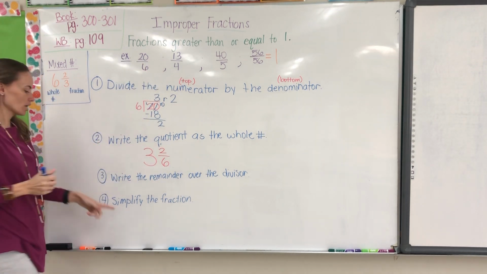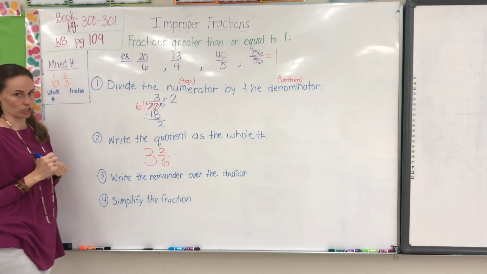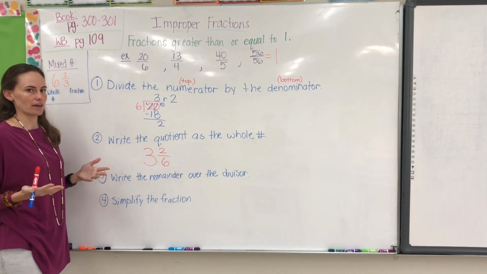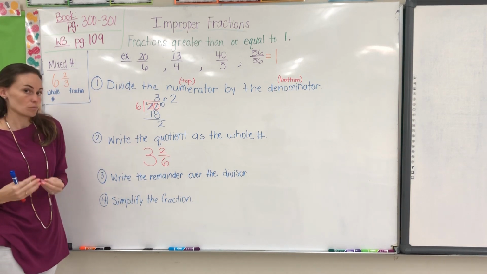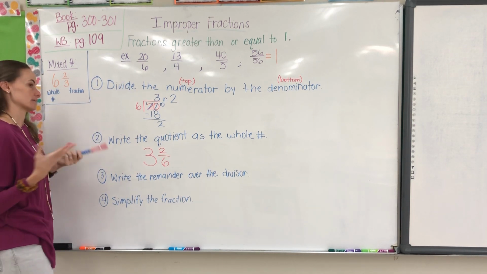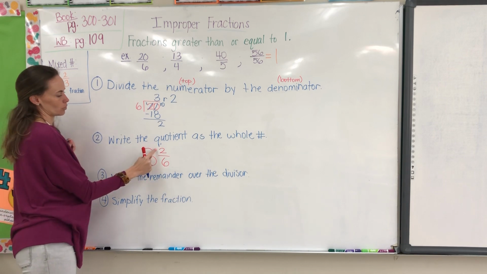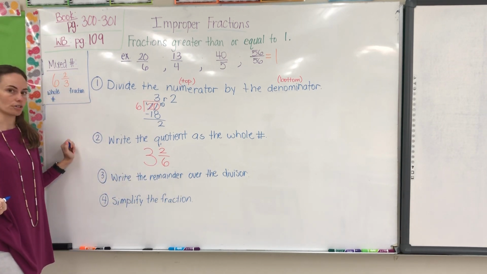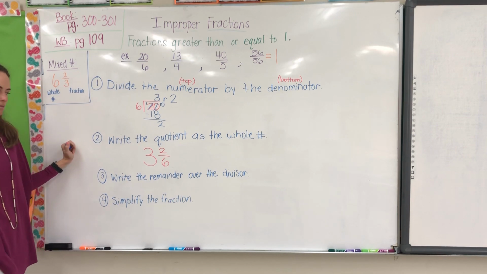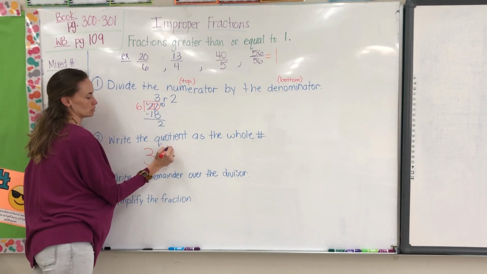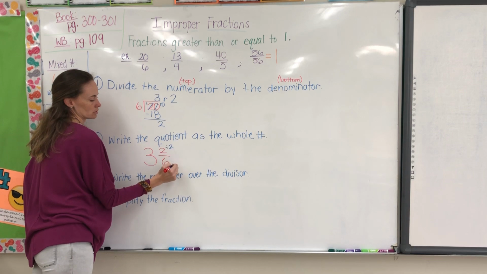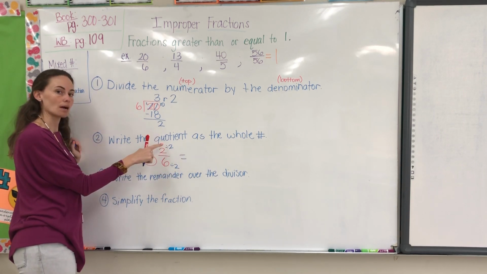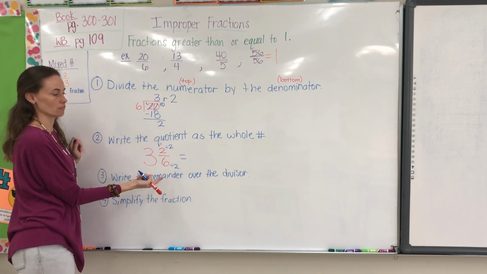So our last step is to simplify the fraction. Simplify, remember, means that we divide it by the greatest common factor to make it the smaller fraction, the simplest fraction, simplest terms. Okay, so what are we going to divide 2 and 6 by? Well, we have to see what is the common factor of 2 and 6. For this one, we would do 2. Okay, so we're going to divide them both the same because whatever you do to the top of the fraction, you have to do to the bottom of the fraction.